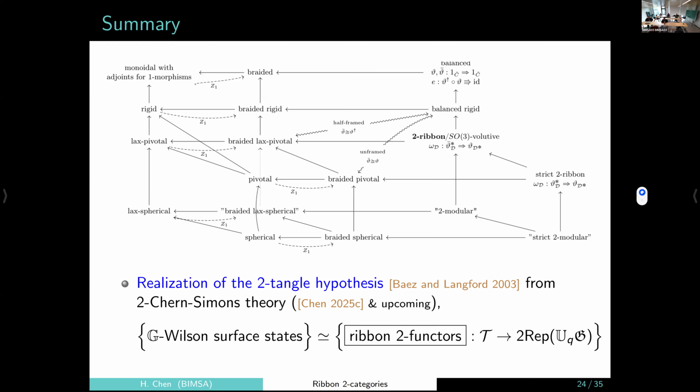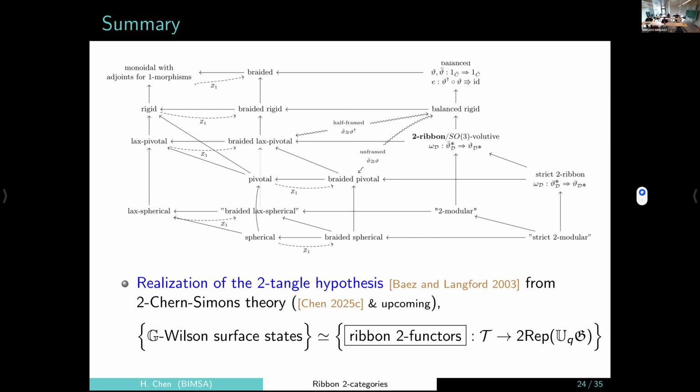But here I can do something similar, which is that, starting from Chern-Simons theory, I have these Wilson surface states. And the proposal is that these Wilson surface states are exactly these ribbon two functors, in which you can map the ribbon two category that Bayas and Lightberg constructed purely from geometry and topology, a bunch of surfaces crossing each other, into it while preserving all the ribbon structure.